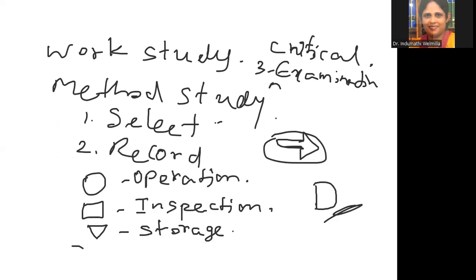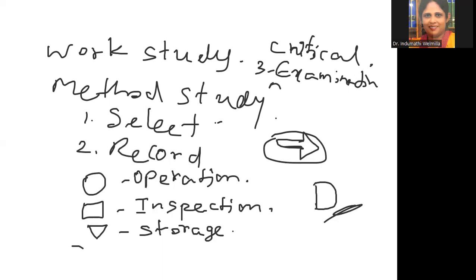Another one is who: who is doing it, why is he or she doing it, who else can do it, who should be doing it? When we ask this type of question, we can understand who the person is that has to do it.